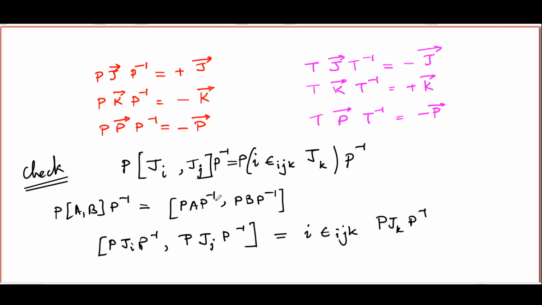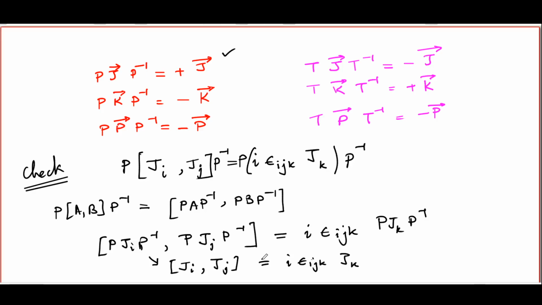Now according to our transformation equation, P Jk P inverse is the same as Jk. So what the left hand side simply becomes is Ji's commutator with Jj. And the right hand side simply becomes i epsilon ijk times Jk, which is exactly consistent with our original commutation relation.